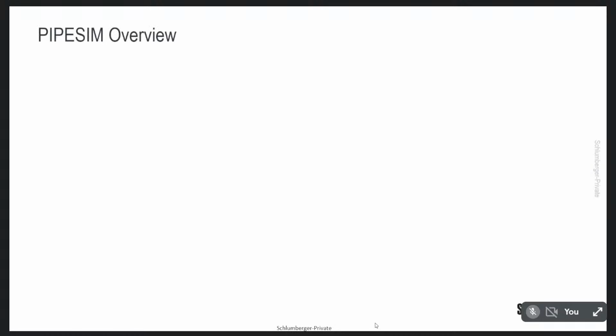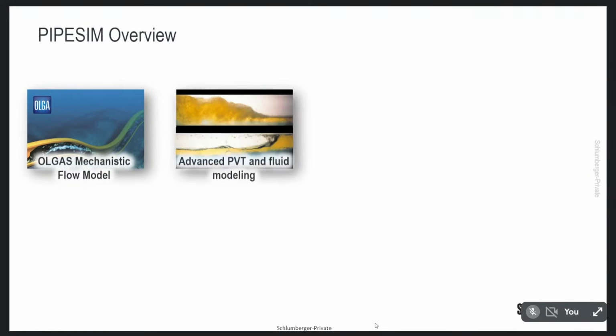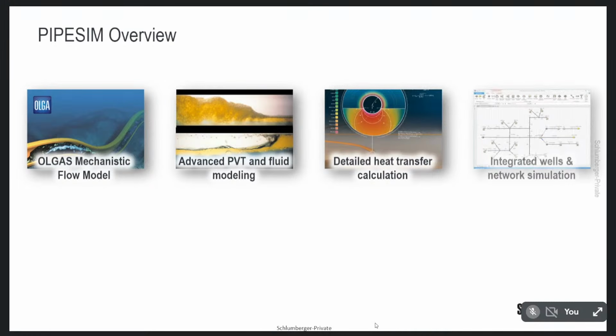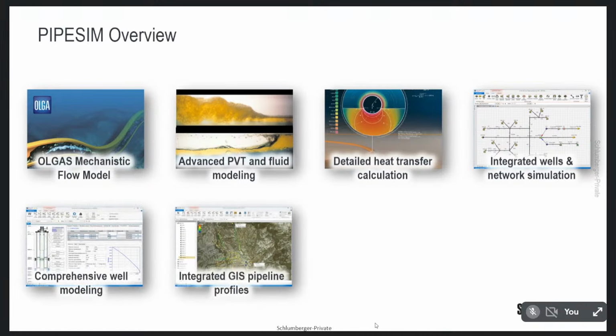So, focusing on the main functionalities in Pipesim, number one, we have the Olga-S mechanistic flow model. We have advanced PVT and fluid modeling. We have detailed heat transfer calculation. We have integrated wells and network modeling or network simulation, comprehensive well modeling, integrated GIS pipeline profiles.